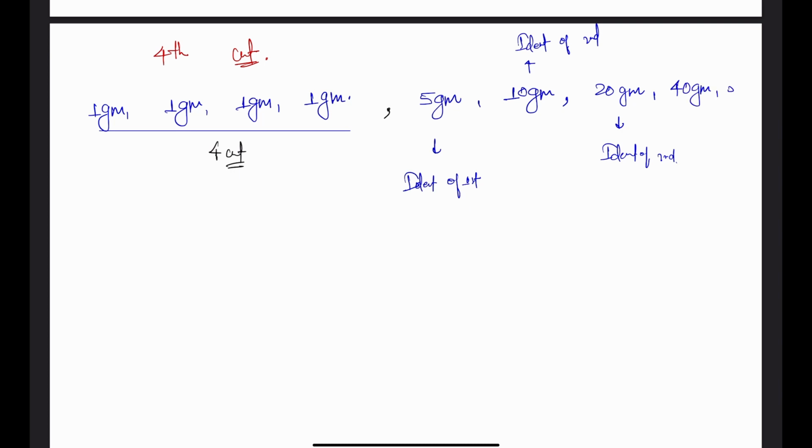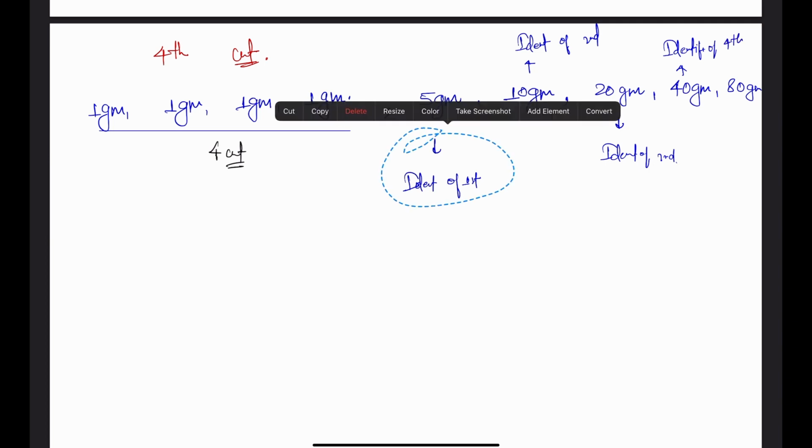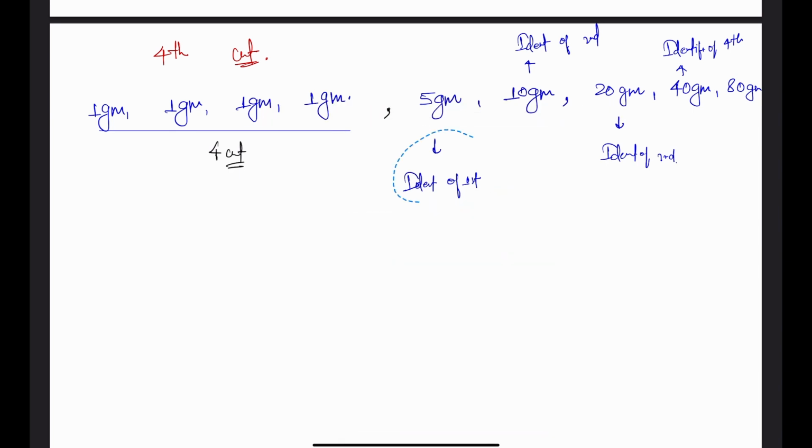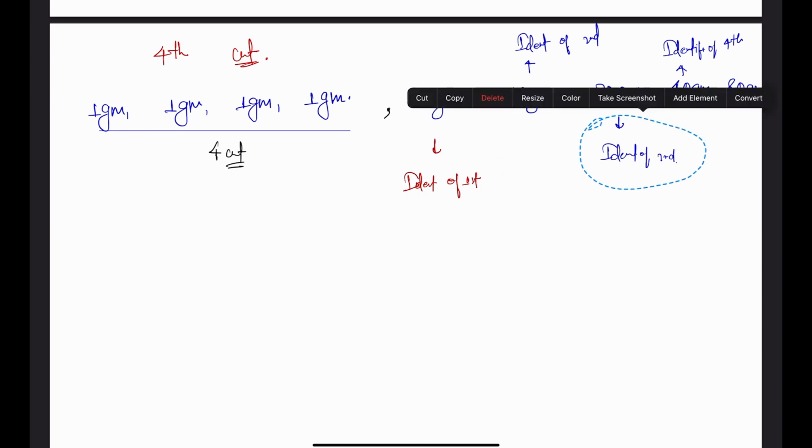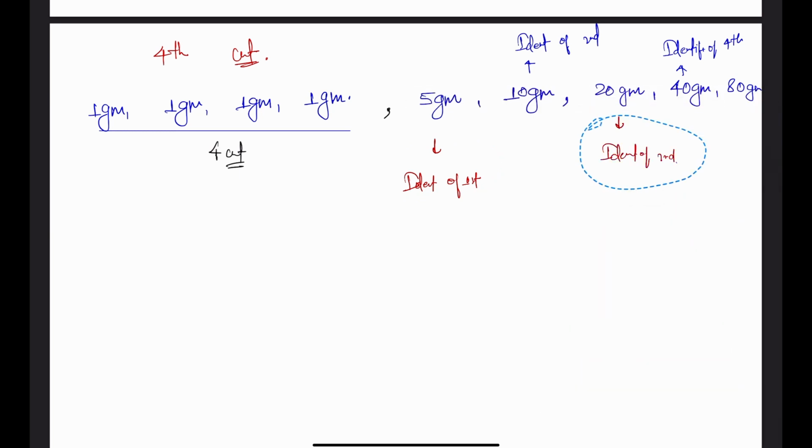And the last on the other side is what? 80 gram. Fourth. If I change the color to red, yeah, that's better.